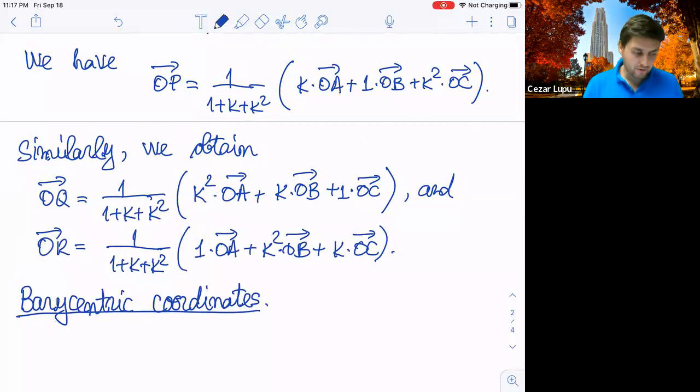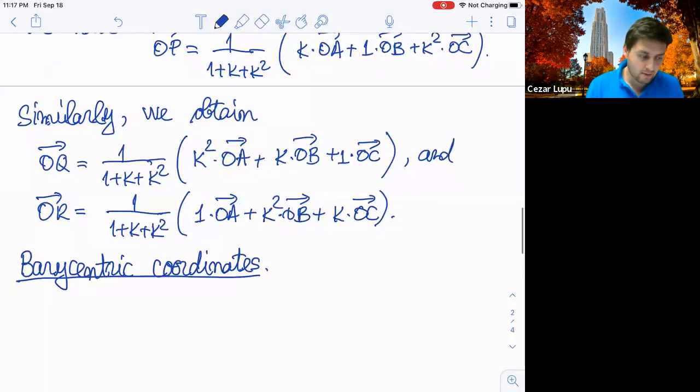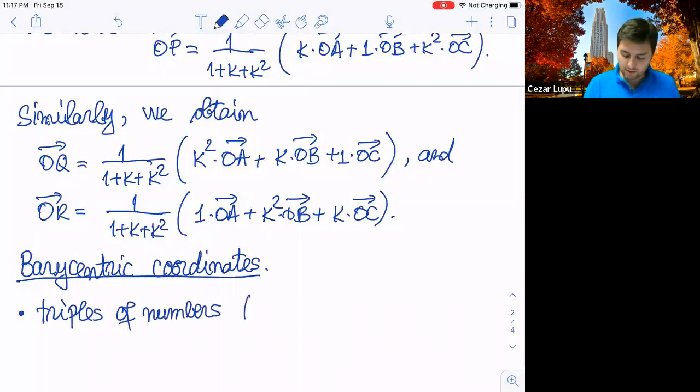Let's see what they are, first of all. So barycentric coordinates are triples of numbers, let's say T1, T2, and T3, right?